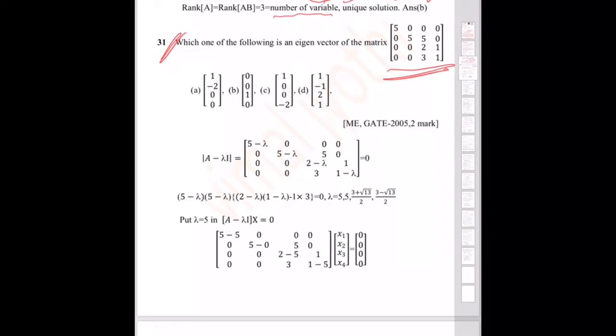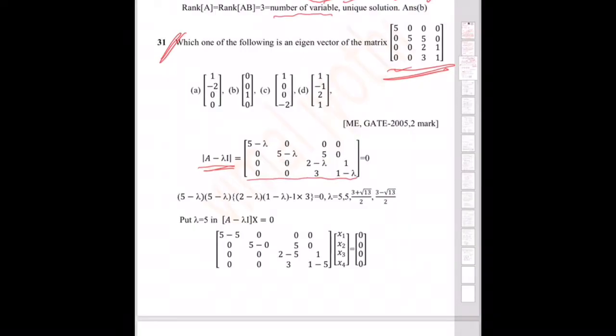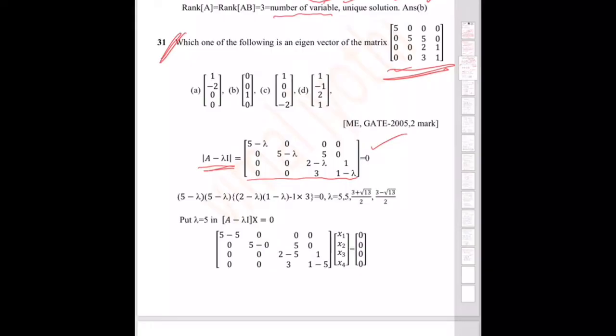The eigenvalue problem: the determinant of A minus lambda I equal to 0 is the characteristic equation. Then 5 minus lambda, and again 5 minus lambda.